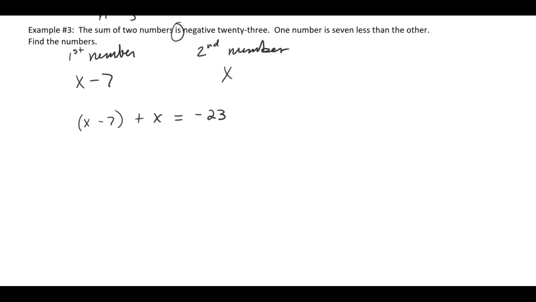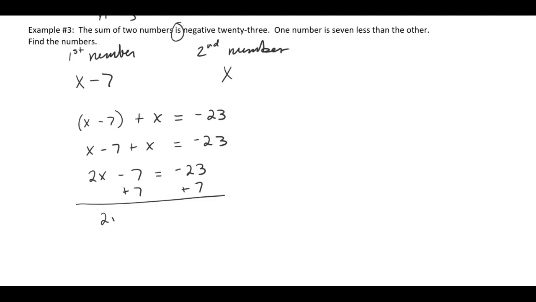Okay, there's my equation. Forget that it's a word problem. I don't need those parentheses. There's nothing to distribute other than 1. So x and x, that's 2x. And so now I'm going to add 7 to both sides. And you'll notice as we solve these equations, you see a lot of the same steps at the end.